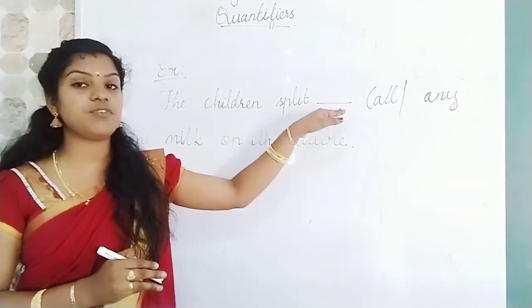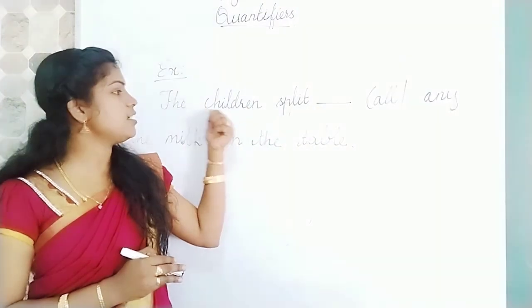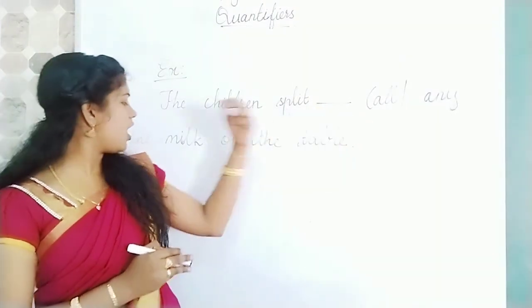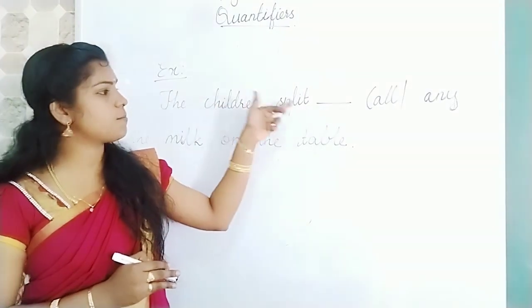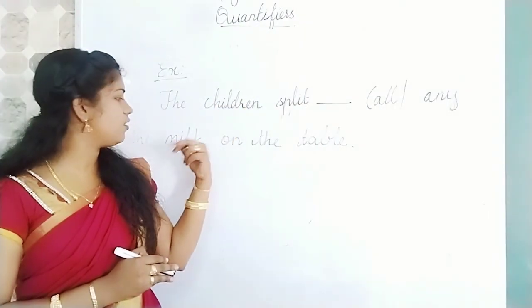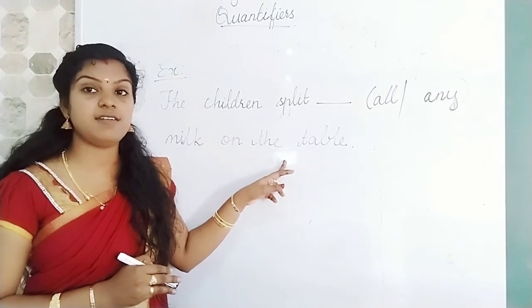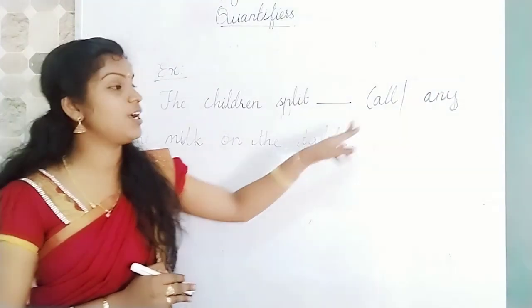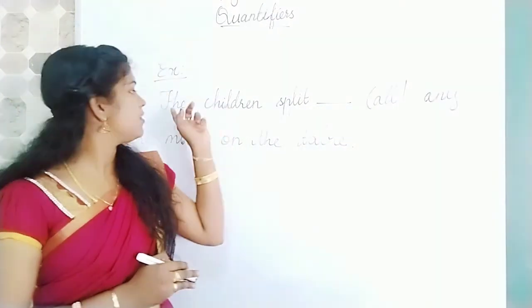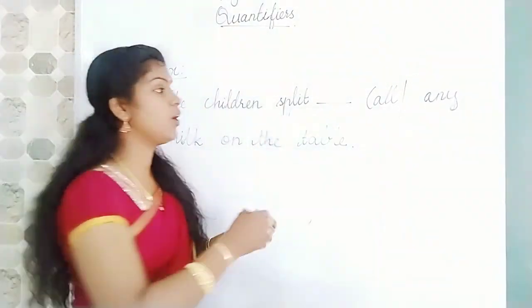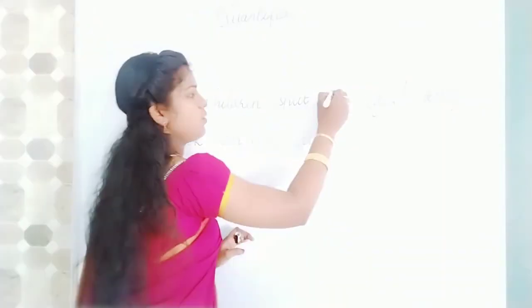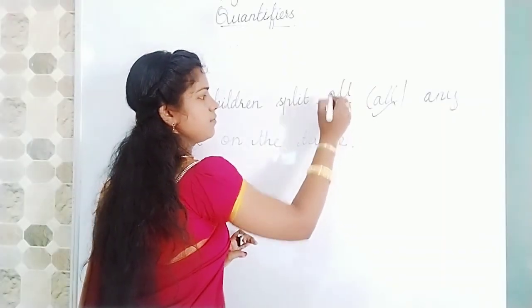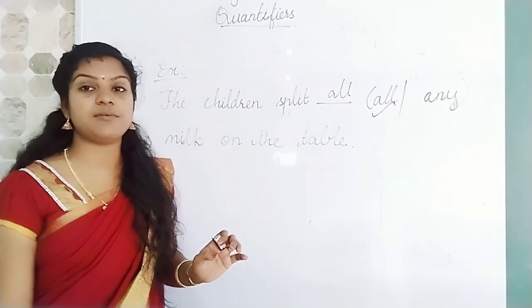So which quantifier can we use here? The children spilt all the milk on the table, or the children spilt any milk on the table. Which is the correct one? Yes, very good. All. The children spilt all the milk on the table. Here you can write all. Very clear now?